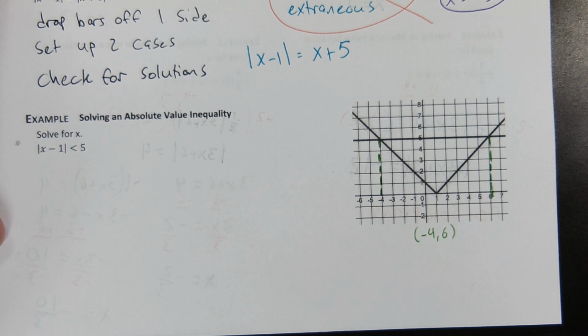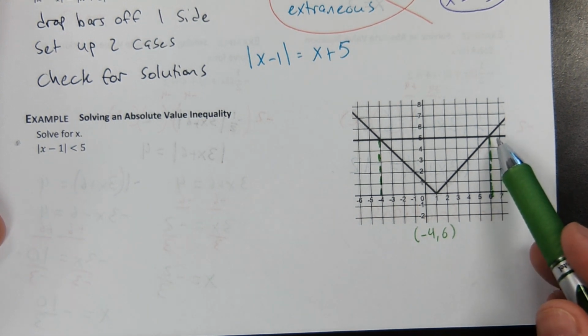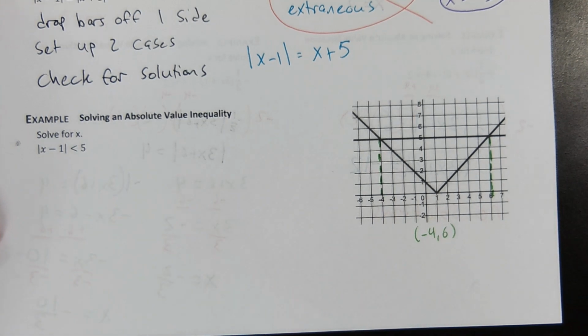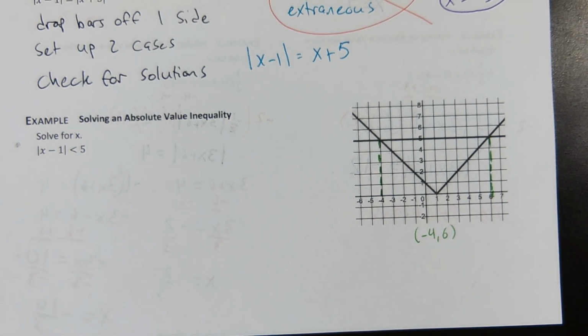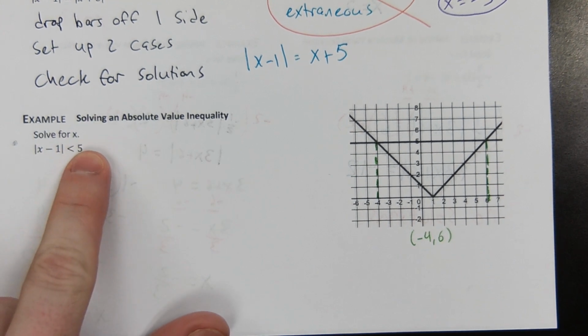Not inclusive, because when the V-shaped graph is on the line y equals 5, you're getting 5 is less than 5, which is not a true statement. So not including those two numbers. But I don't expect you to graph them to solve these things. I just want you to see that that's what's happening graphically. It's when the V-shaped graph is literally underneath this line.